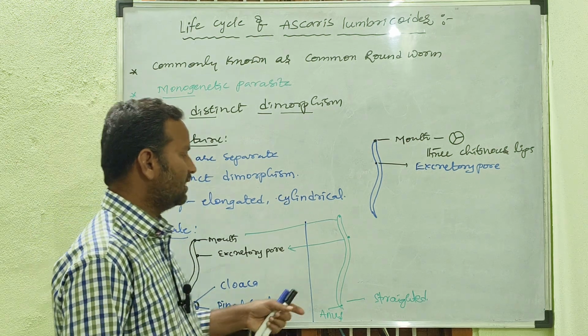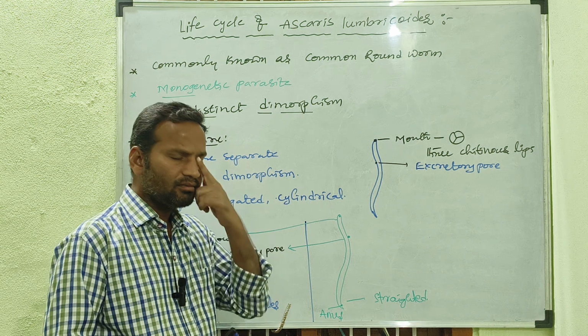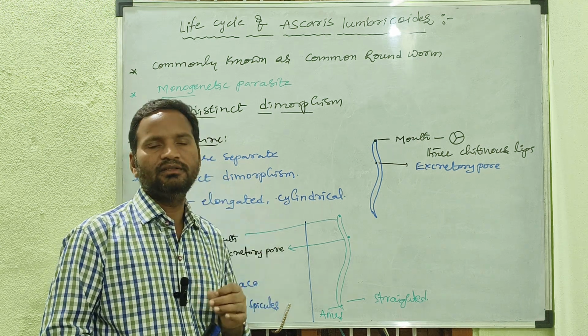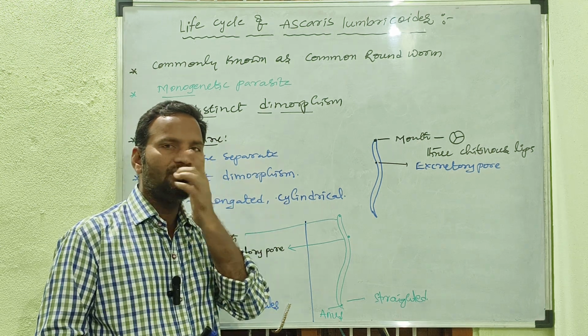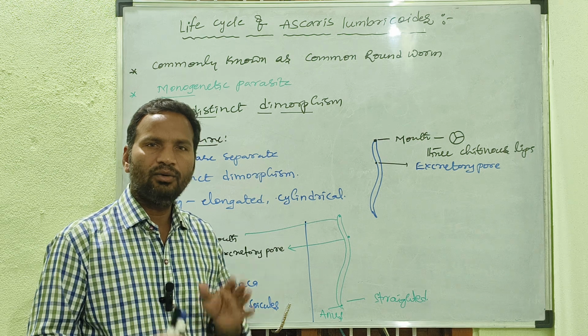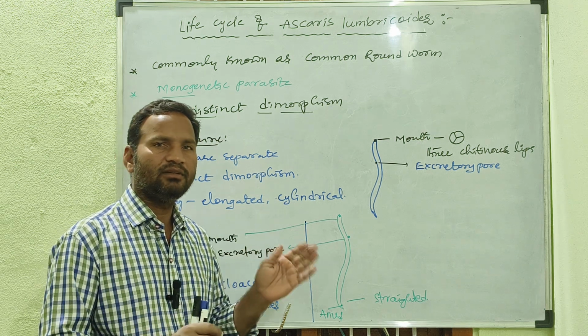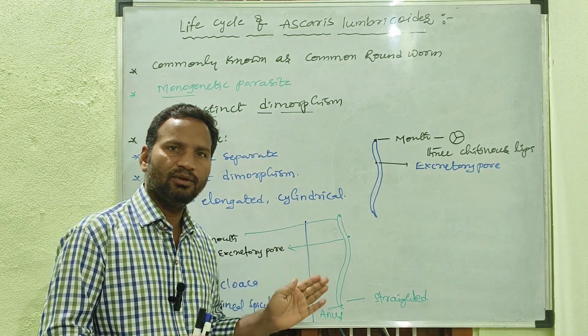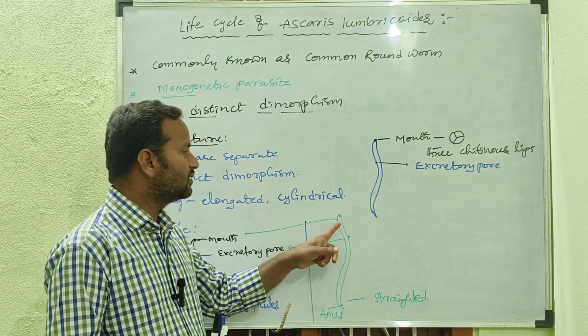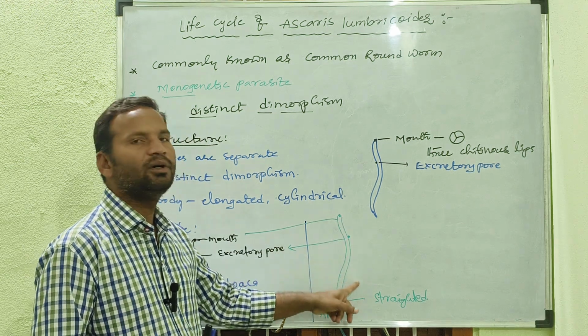The next one: especially in the females, the female genital pore or vulva is present on the mid-ventral surface of the body, one third of the length from the mouth.